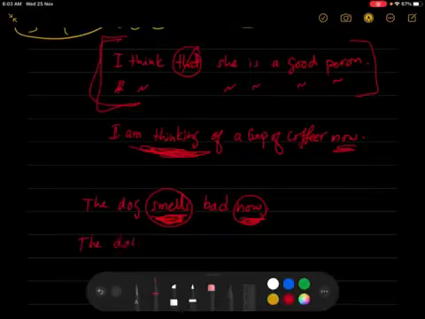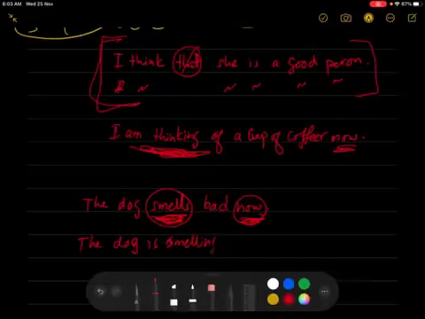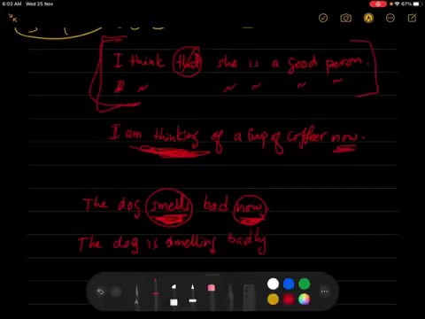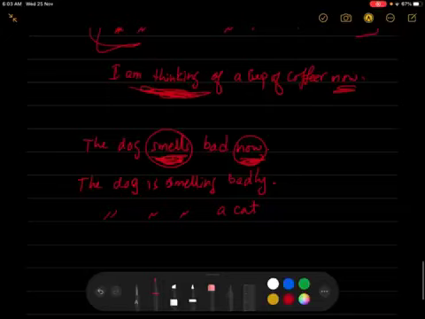But what about if I say the dog is smelling? Now here it's the process of smelling. For example, the dog is smelling badly, or the dog is smelling a cat.